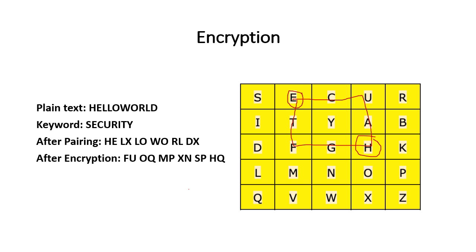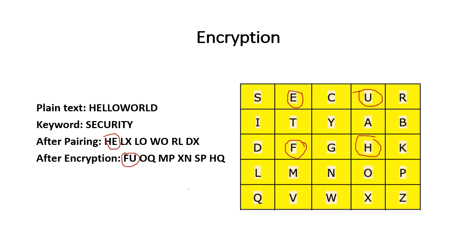For H we have F, and for E we have U. Now we replace HE by FU. This is how we convert plain text into cipher text.